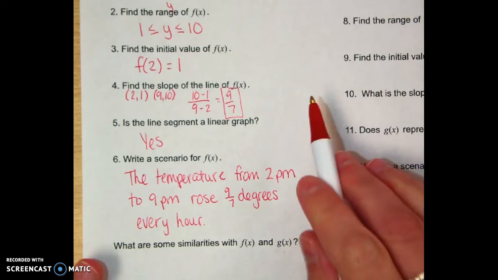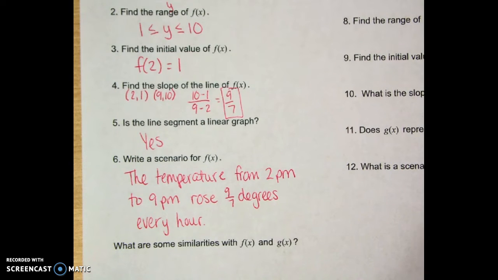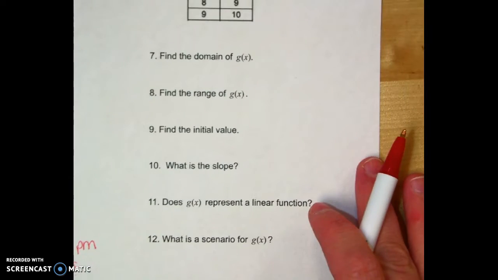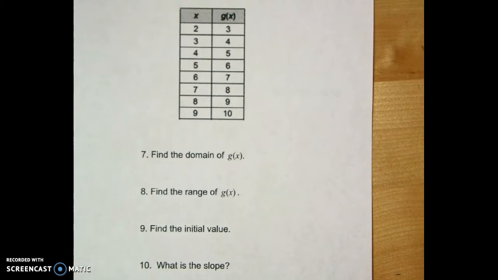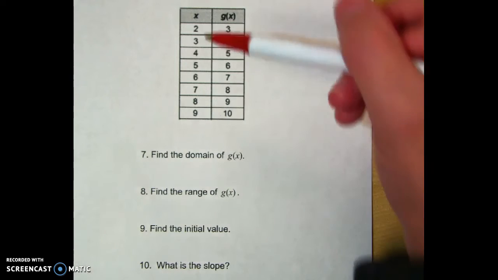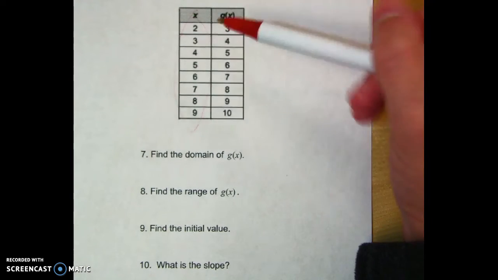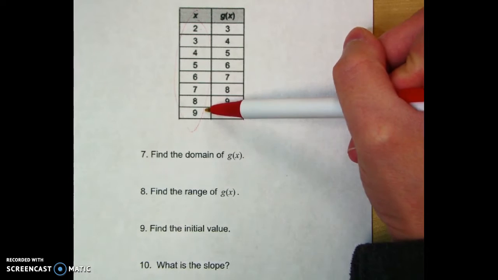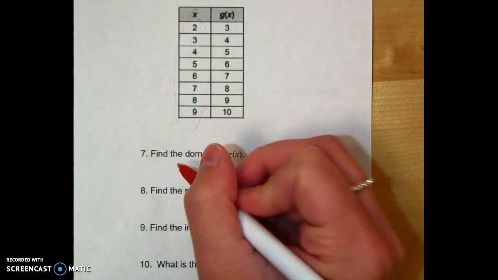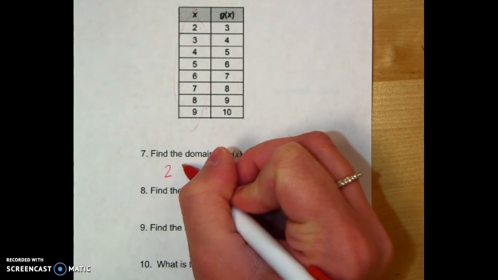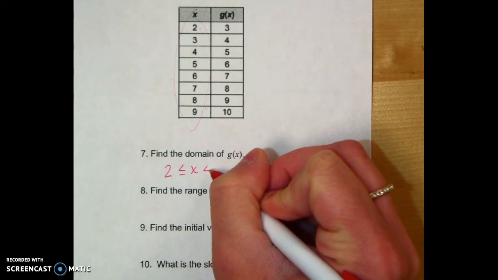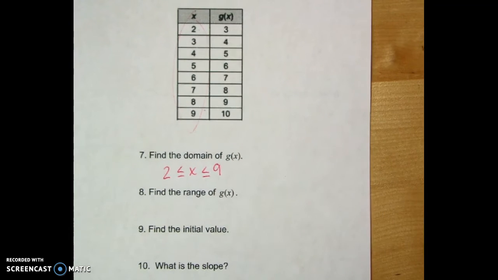Okay, now we need to go over here and do 7 through 12, and that's just talking about the table. So for this one, it says find the domain of g of x. Domain are the x values. So domain goes between 2 and 9. So it's kind of the same domain as number 1. 2 is less than or equal to x, and that's less than or equal to 9.